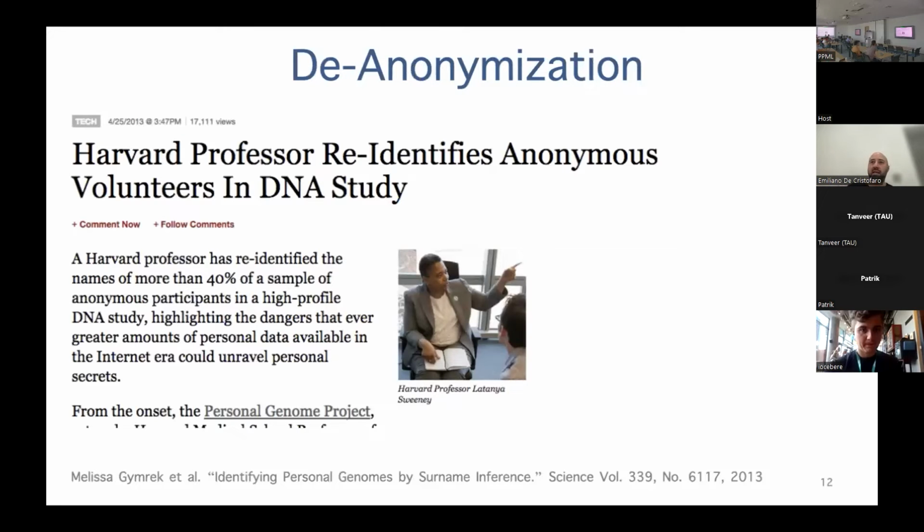Like I said, it's very hard to anonymize data, and there are very famous papers that show how anonymization really fails, a famous paper by Melissa Gymrek et al. in 2013, 10 years ago, showing that if you have some side information like surnames of participants, you can actually re-identify a lot of these supposedly anonymous genomes.